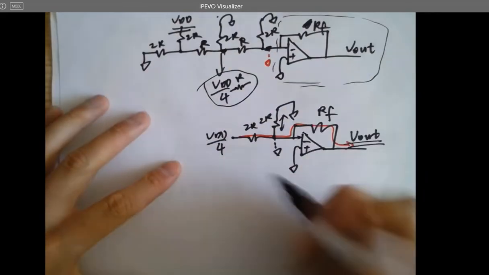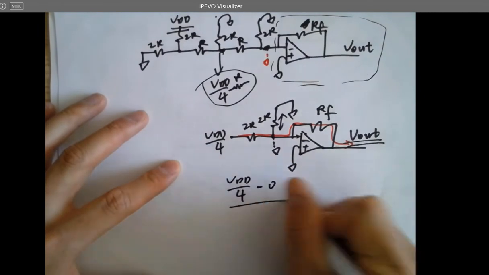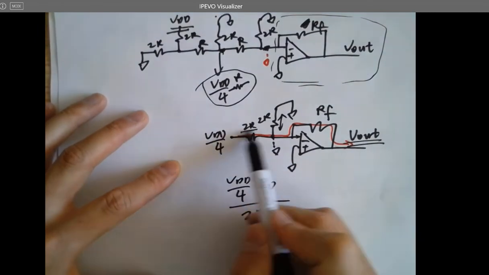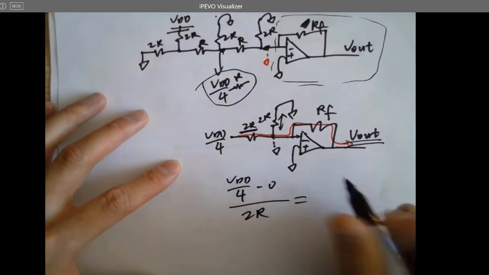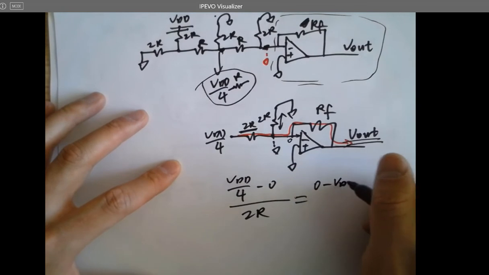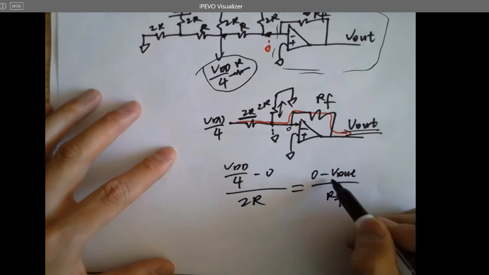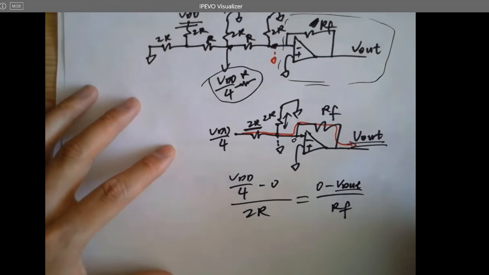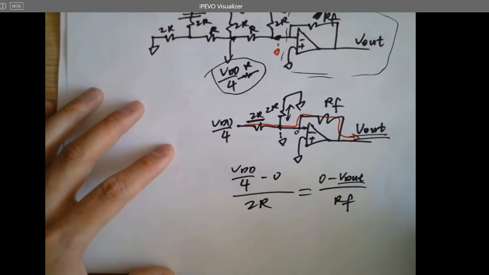So what you can do is VDD over 4 minus 0 volts over 2R, which is the current in this branch. That equals 0 volts minus VL over RF. So the purpose is to let VL equal 1 LSB, which is VDD over 8.